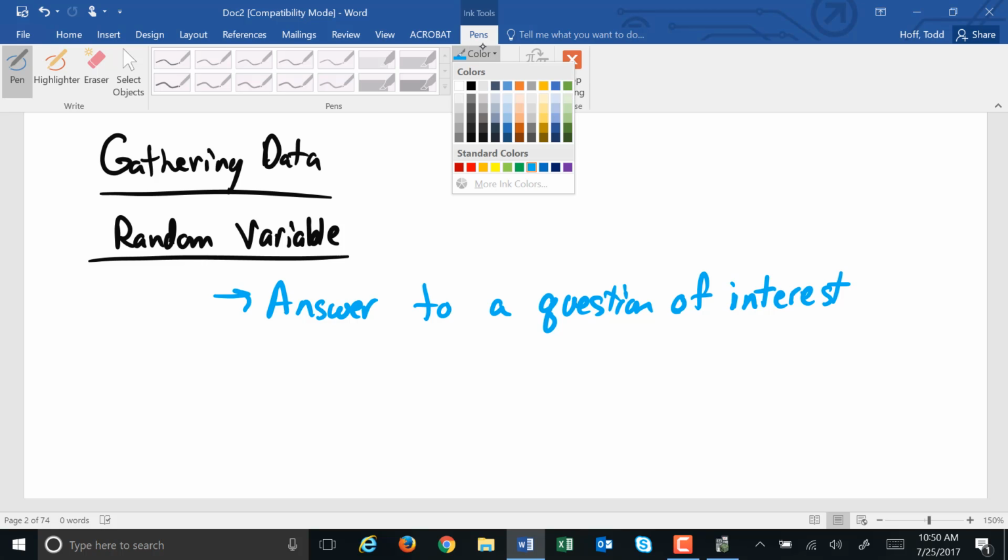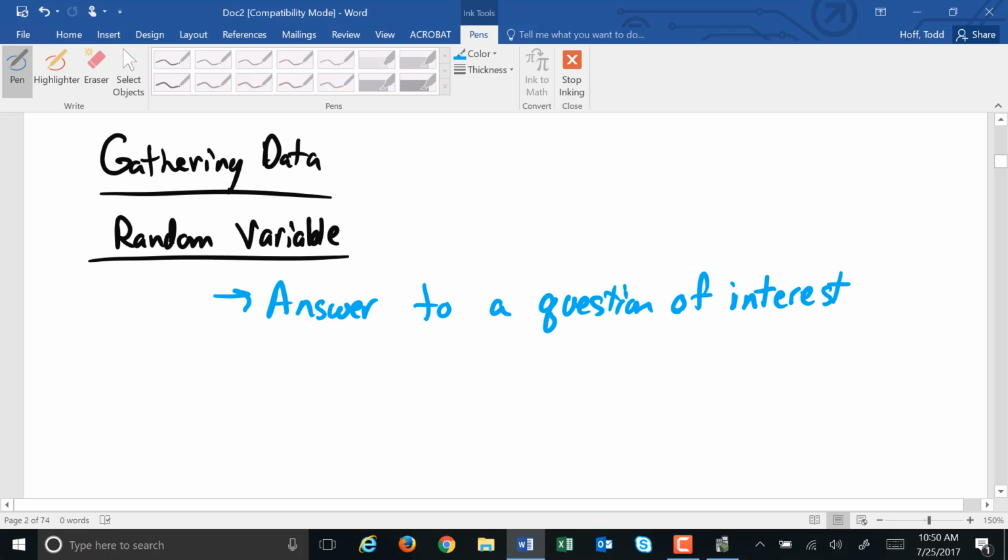It is sometimes not that easy to define what the random variable is or what our question really is. Like if we've got an election coming up and we want to do a study to predict who is going to win the election, the question we're asking is not really who's going to win the election, because there's no way we can gather information about that. The question we're really asking there is, who are you going to vote for?